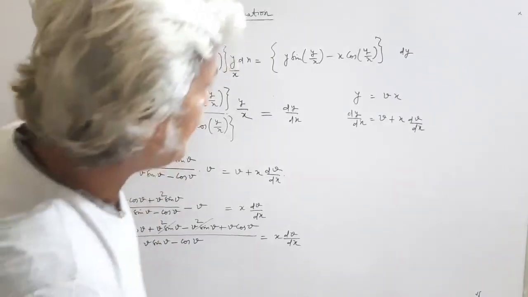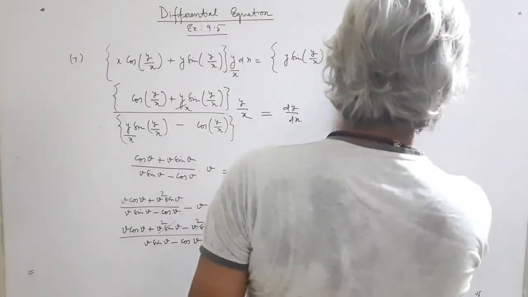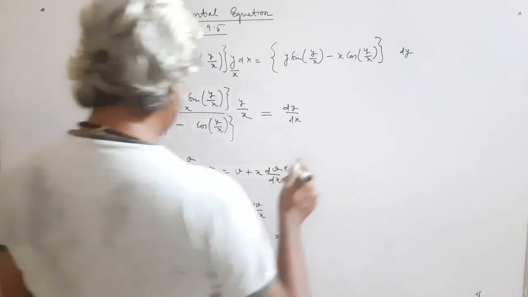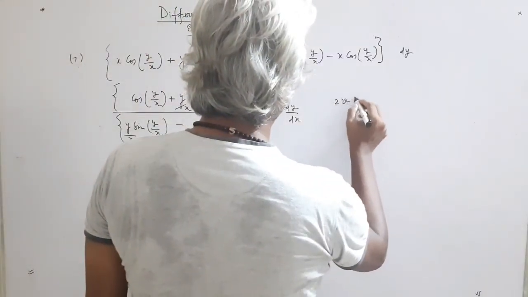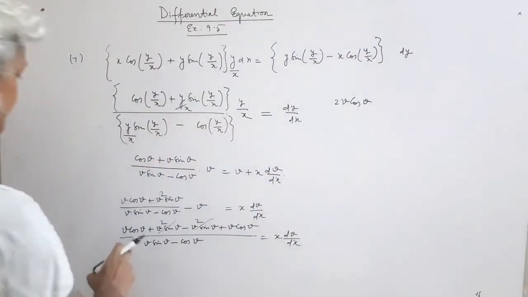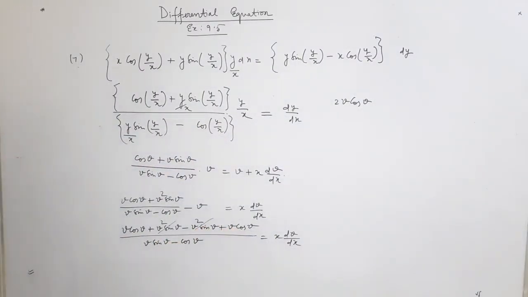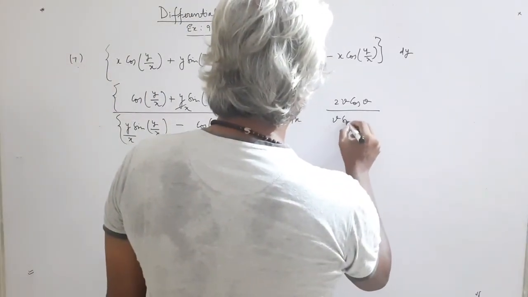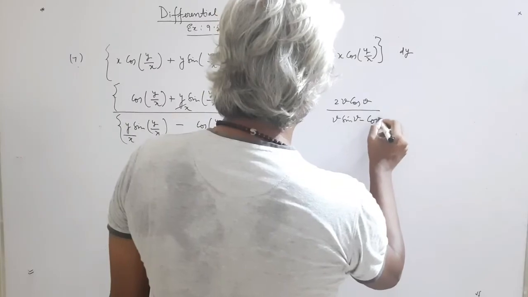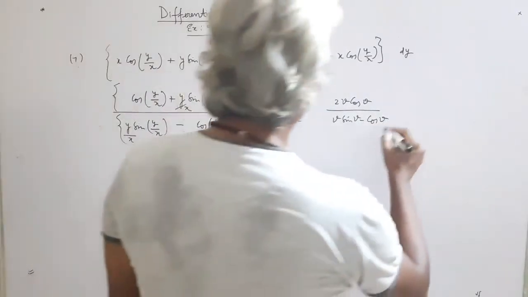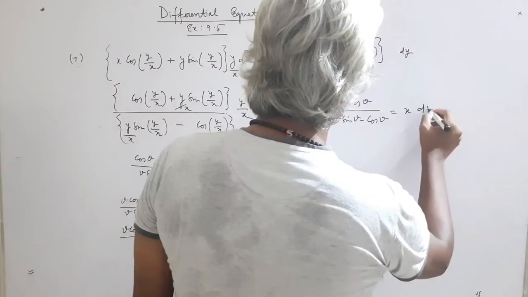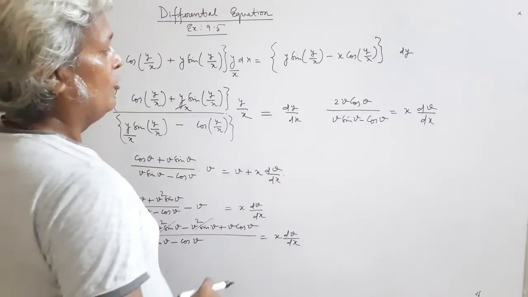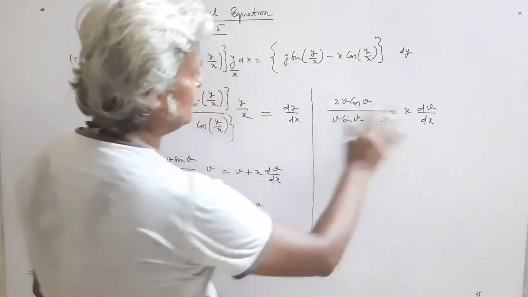So here we have v cos v plus v cos v, which is 2v cos v, over v sin v minus cos v, equals x dv by dx.